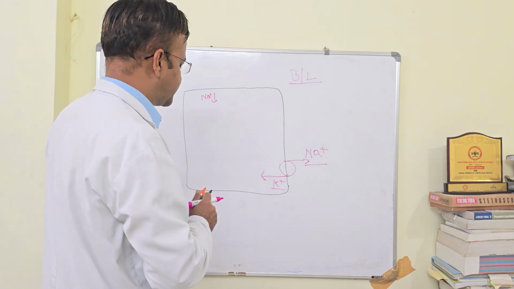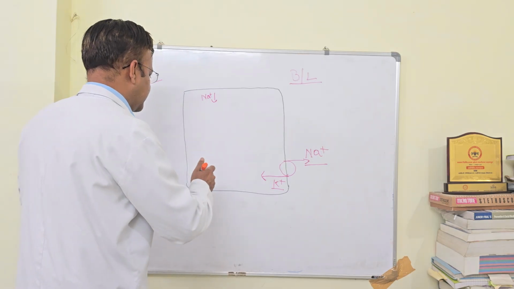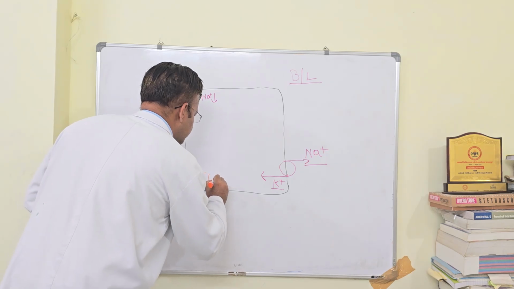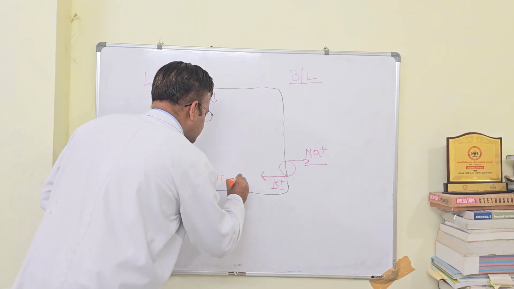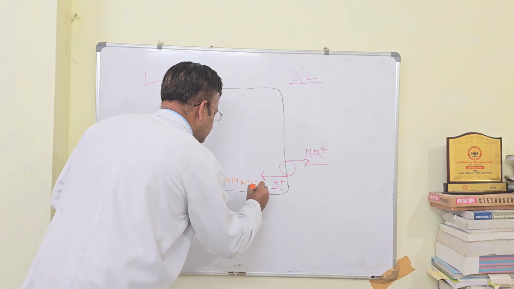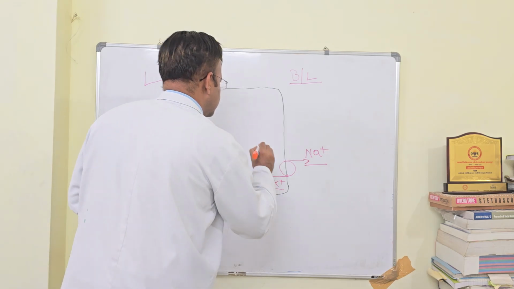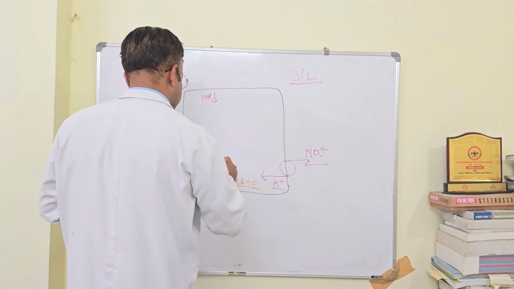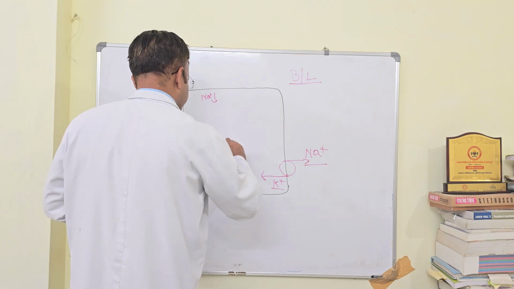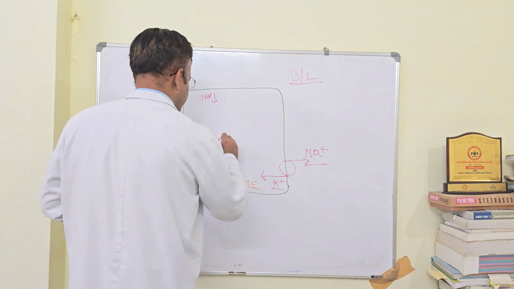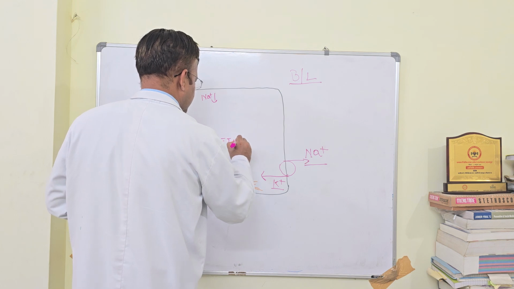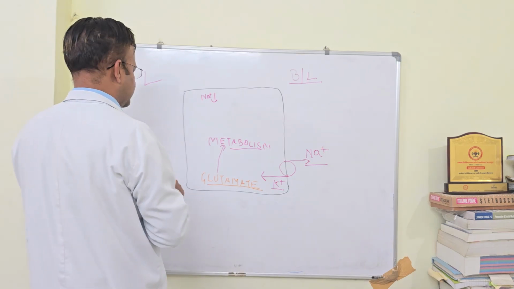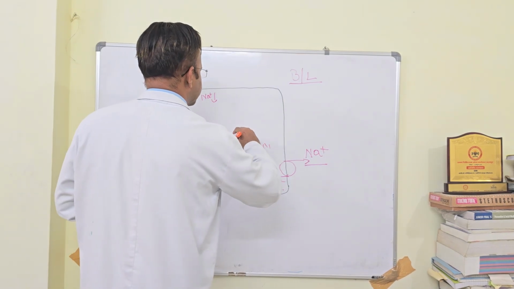The PAH excretion, right? You will have one amino acid, glutamate. Now, the metabolism of glutamate will give you alpha ketoglutarate.